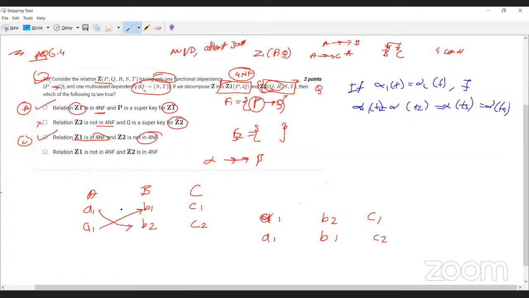Now, if I do the crossing here, an exchange of beta values, I am getting A1, A1, A1, A1 for four tuples, right? Now, what is this condition B2? I am getting two new tuples, right? Let us say this is T1, T2, T3, T4.